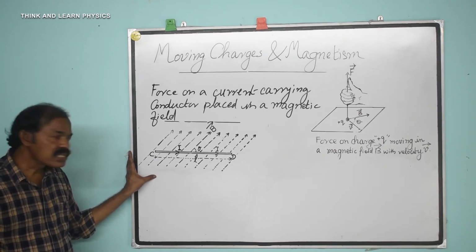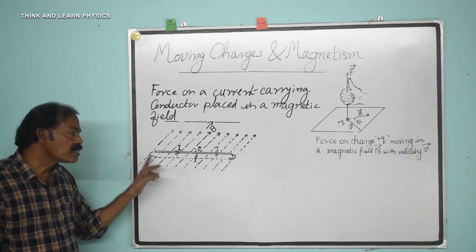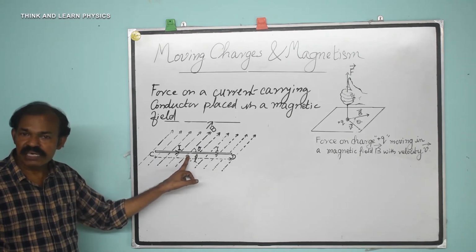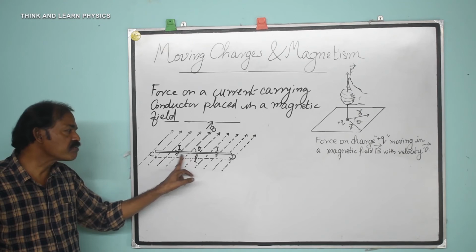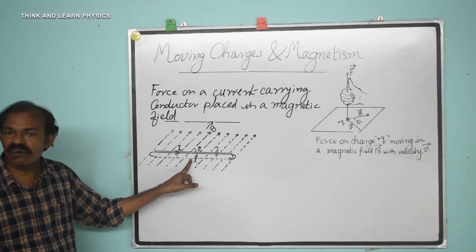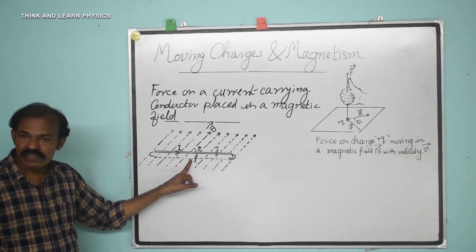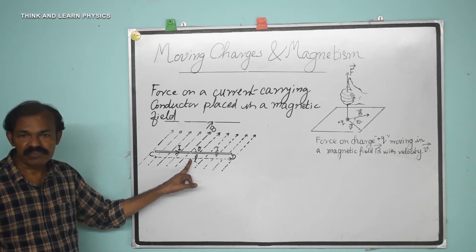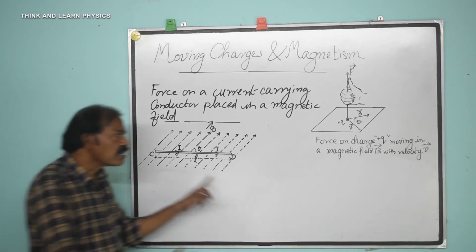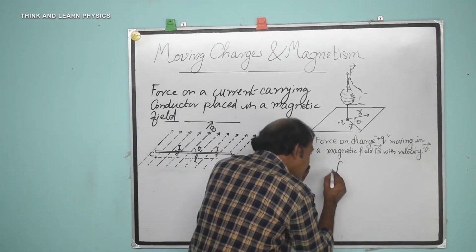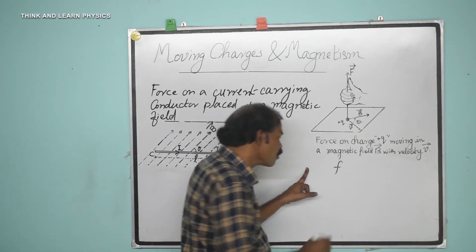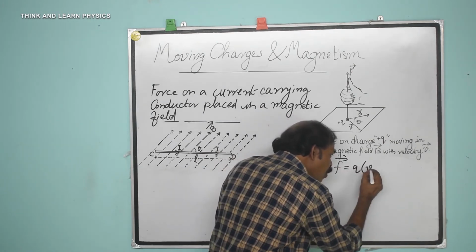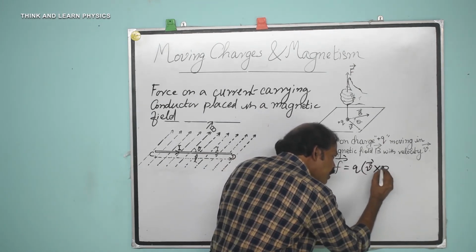Now, if a charge small q moves from C to D with a steady velocity called drift velocity, then the force acting on the charge carrier is given by the Lorentz magnetic force, small f vector equals q into small v vector cross capital B vector.